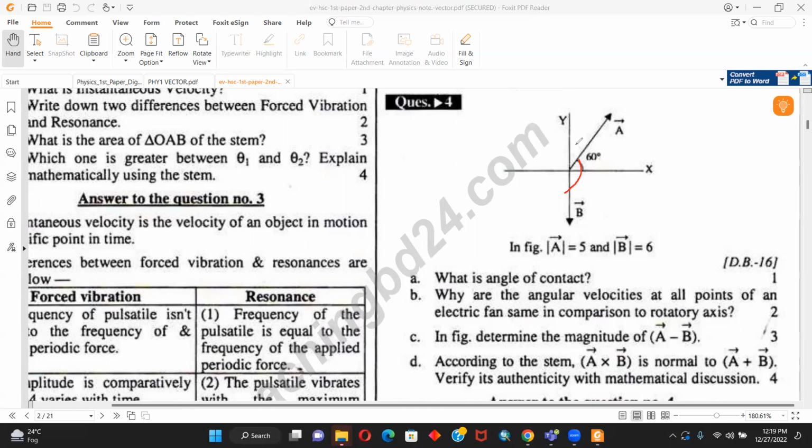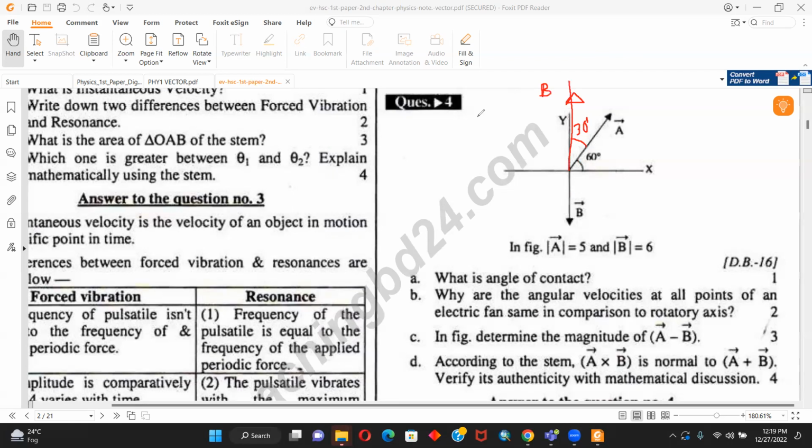What is the angle between A vector and minus B vector? 30 degrees, because multiplying by minus 1 will take the B vector in the opposite direction. This is the concept you need. Then it gets really easy.